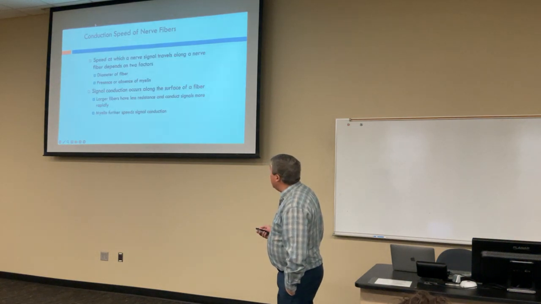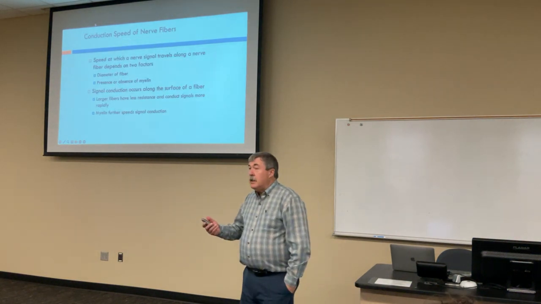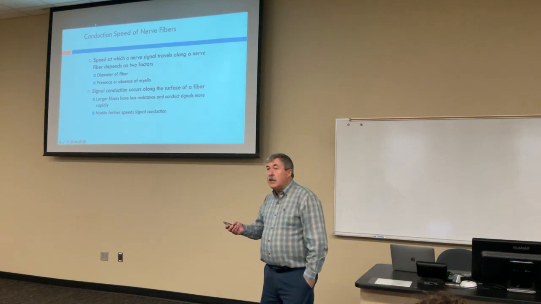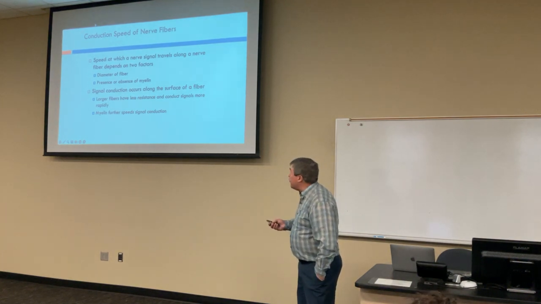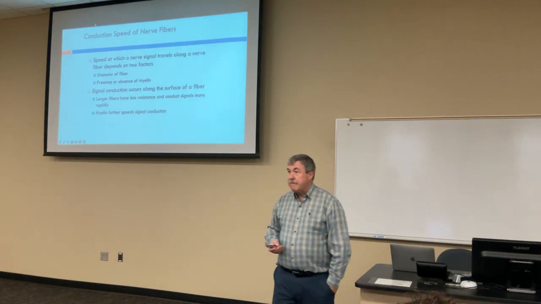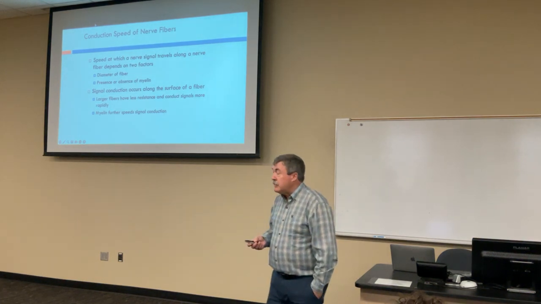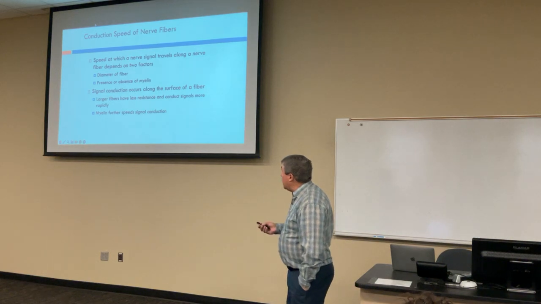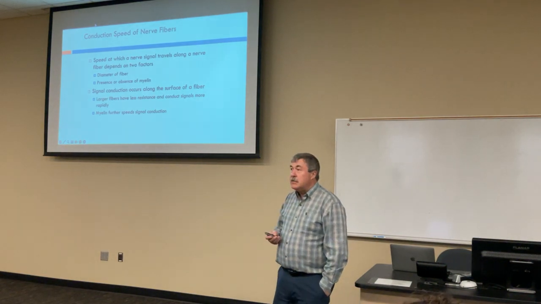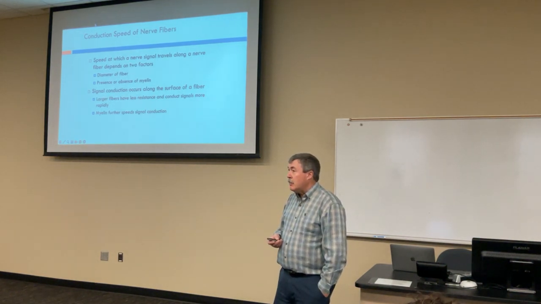Okay. All right. So the speed at which a nerve signal travels along a nerve depends on 2 factors. The first is the diameter of the fiber. And the second is the presence or absence of myelin, or a myelin sheath. Okay?